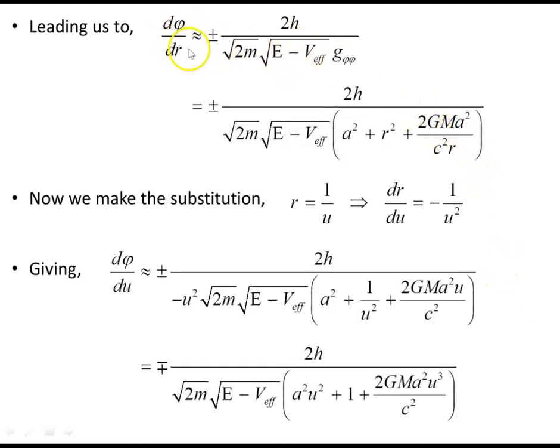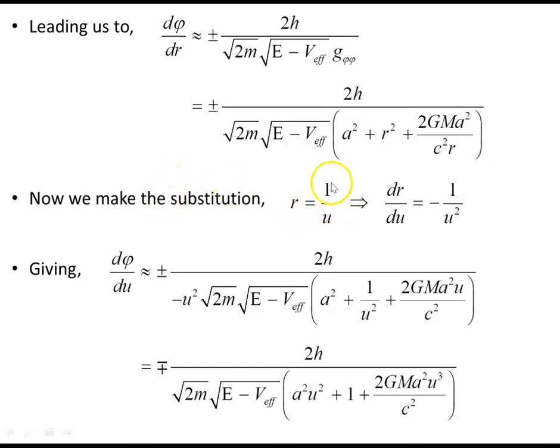So we now have d phi dr is approximately this, and we substitute in 2h in terms of the variable r. What we'd like to do in the Mathematica notebook is find the reciprocal of r. r is 1 on u, and make a substitution, replacing these with u's, which helps with the integration. It integrates more easily if we take 1 on r to be u than having a 1 on r, because it gets tricky around 0 and elsewhere.